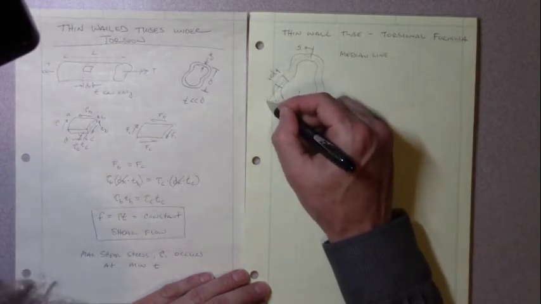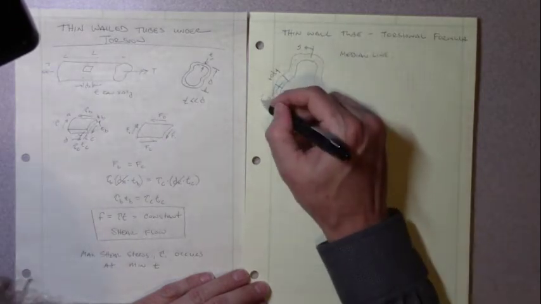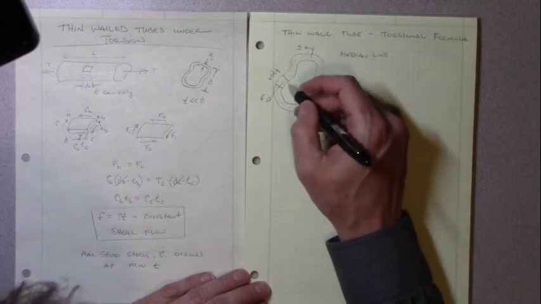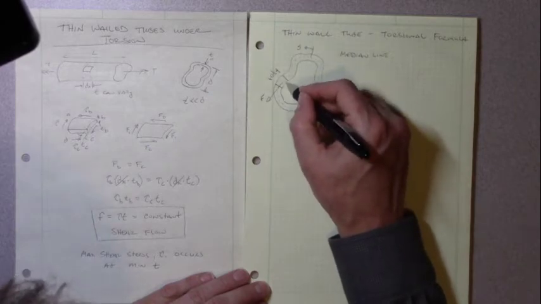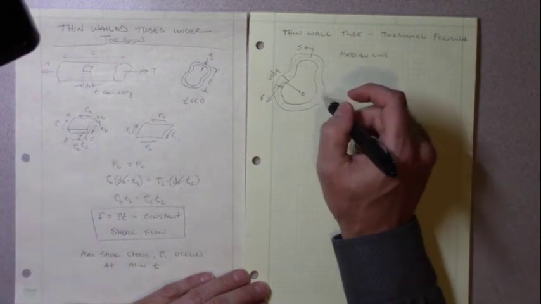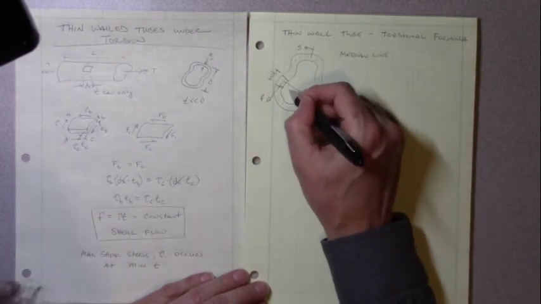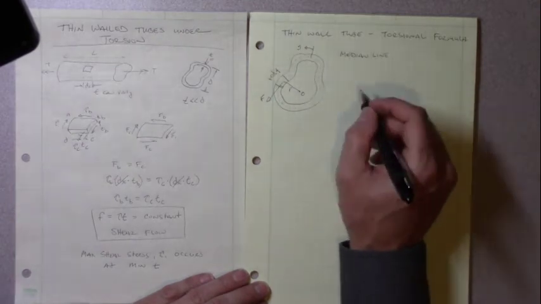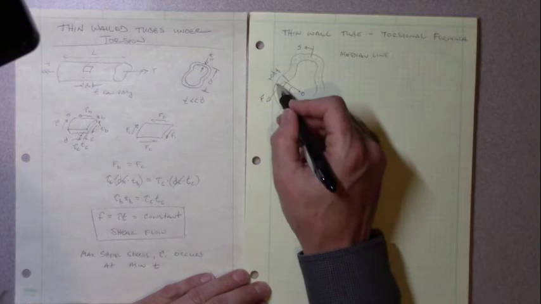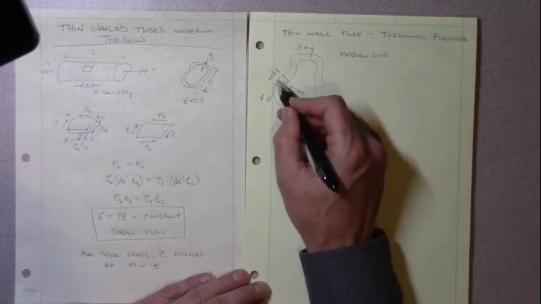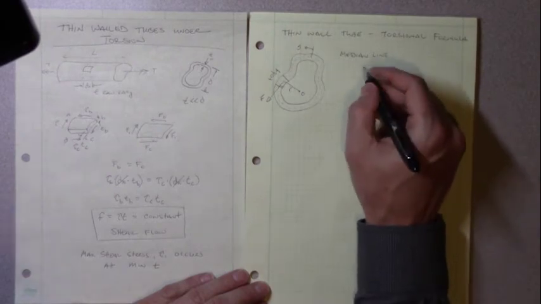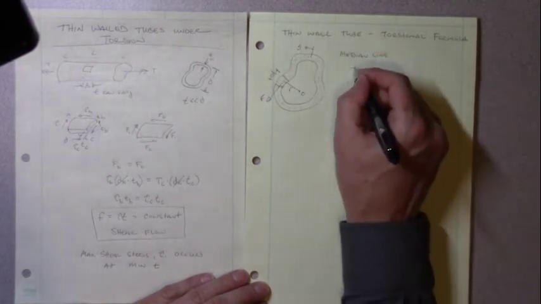If that force is acting on that little area, and we come up with a perpendicular distance r from our point O, we can look at the torque that this little section is applying about point O. First, let's look at the force.